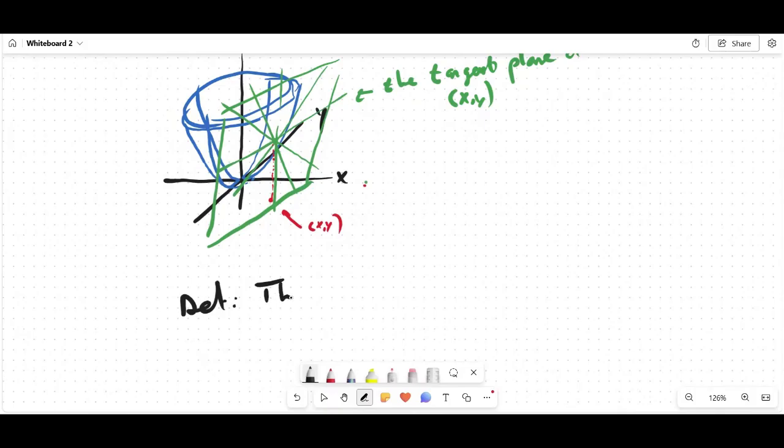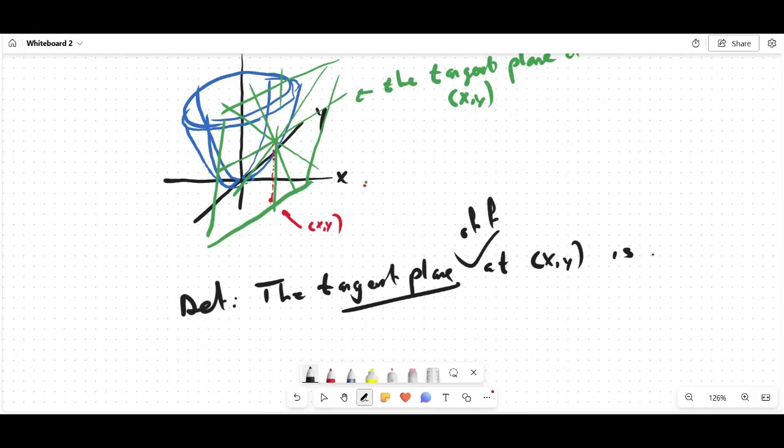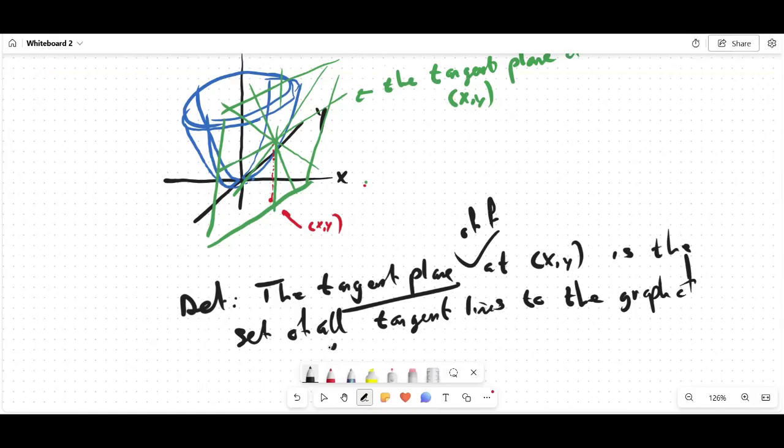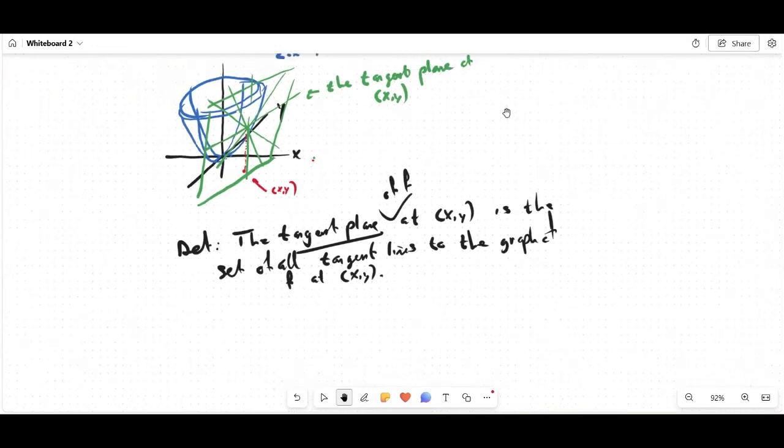The tangent plane, so this is what we're defining, at x comma y, the tangent plane of a function f is the set of all tangent lines, let's just say, to the graph of f at this point, x comma y. Okay, this is the first part of what today is about.